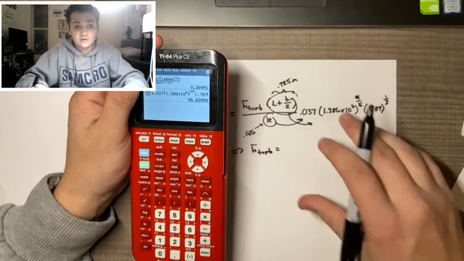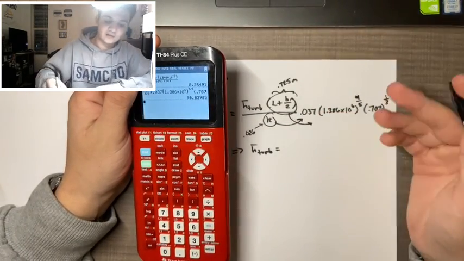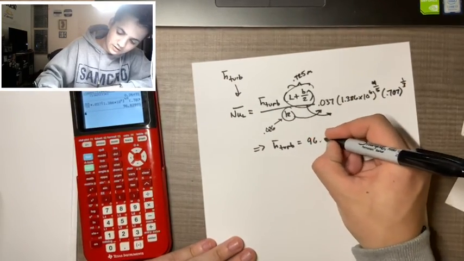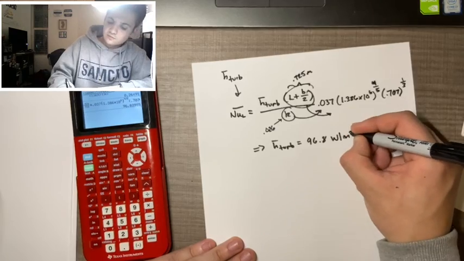That gives us an h-bar turbulent of 96.8 watts per meter squared Kelvin.